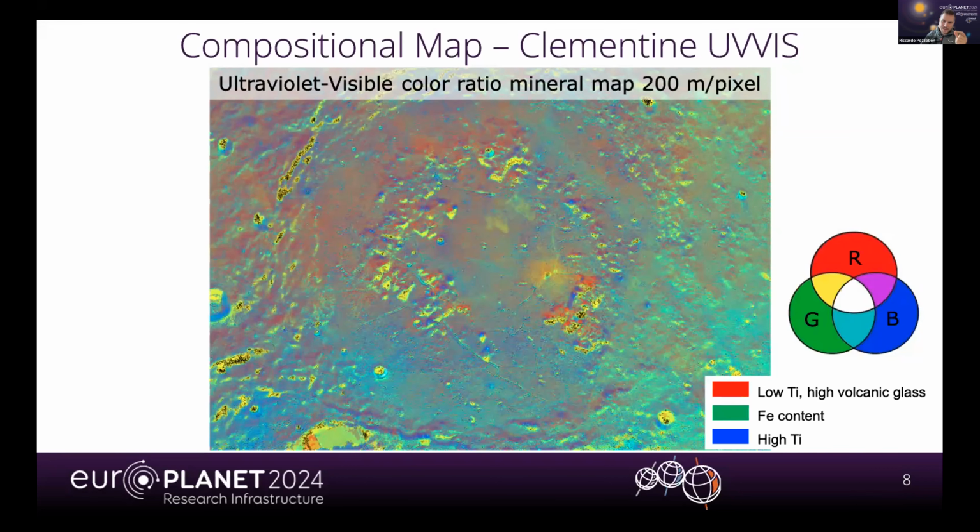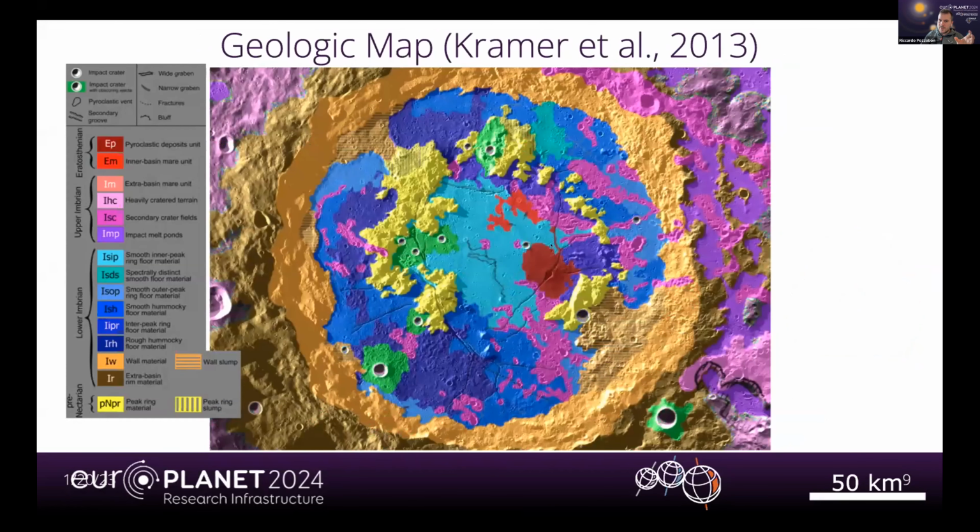I'm not showing it here, but after having this broad overview, you have to go with higher detail instruments, for example, M3 on the moon or CRISM on Mars. You've seen it today. But you also have to build your own geologic map, because you need to know the relations. This is our possible landing spot, the relations between the different objects.